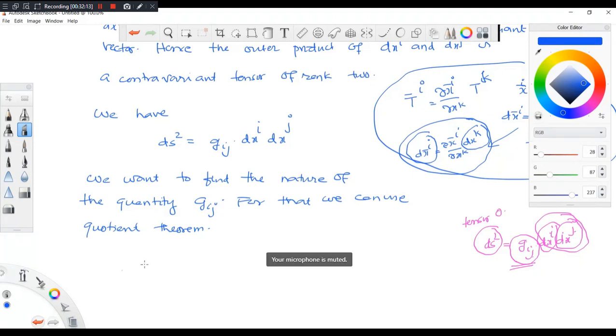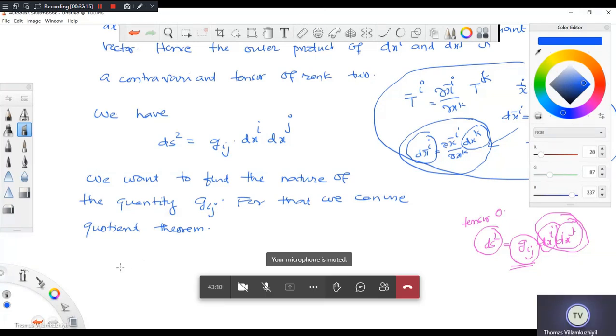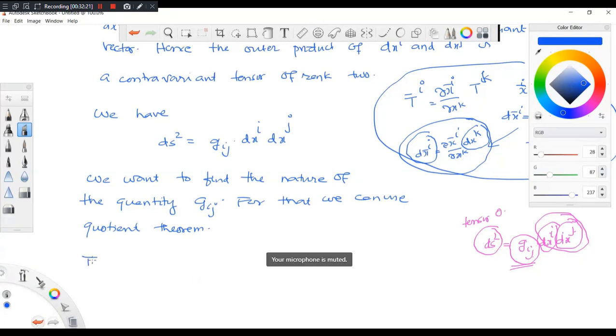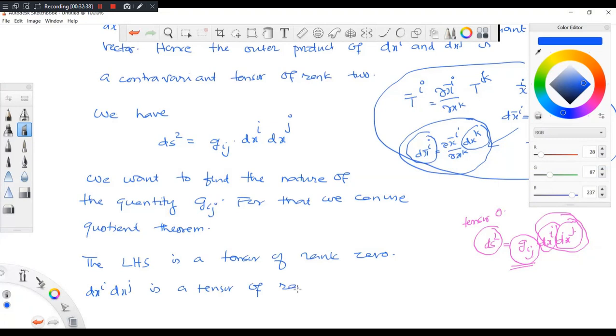The LHS is a tensor of rank 0. dxi dxj is a contravariant tensor of rank 2.